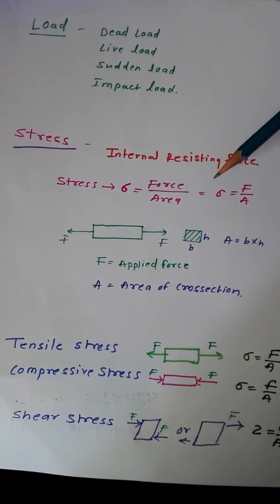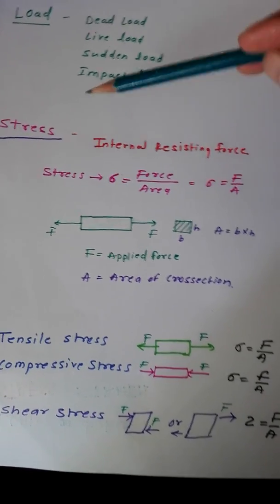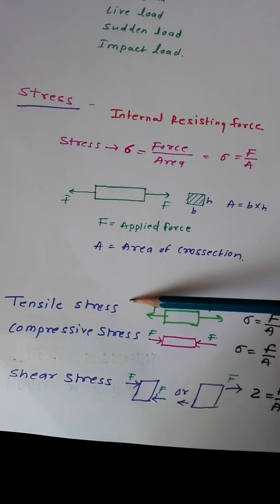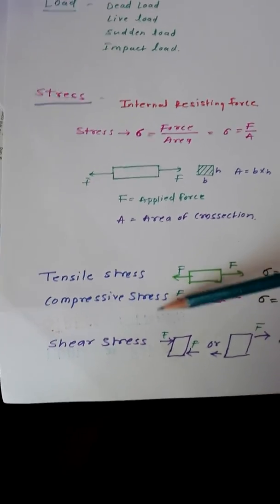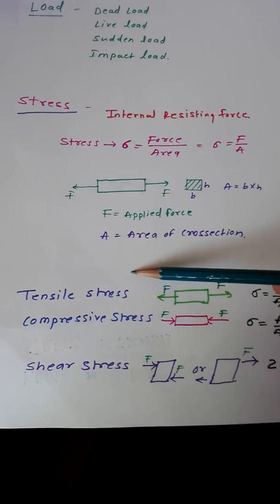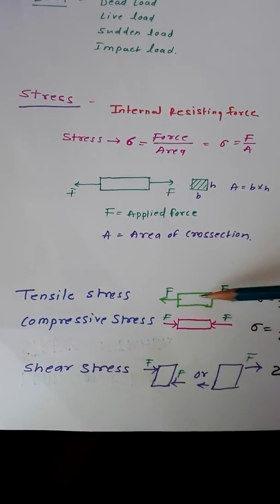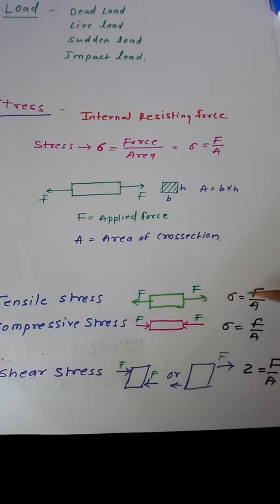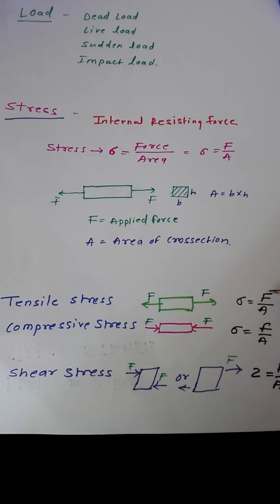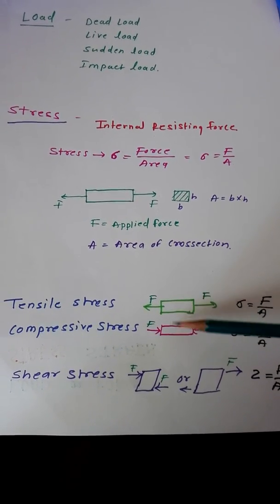Moving on to the next point, stresses can be defined into various types: tensile stress, compressive stress, or shear stress. When we are pulling some object by the two ends in opposite directions, it is called tensile stress. It is represented by F by A, the same formula, sigma.